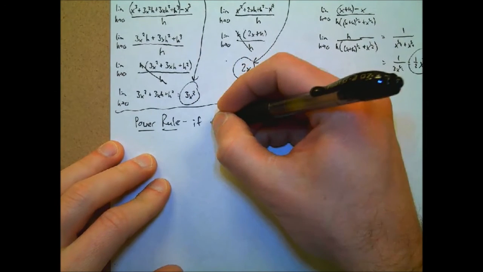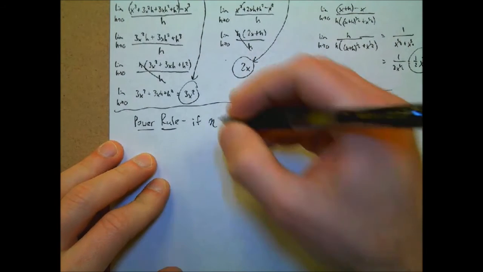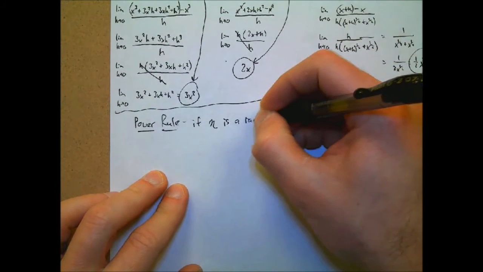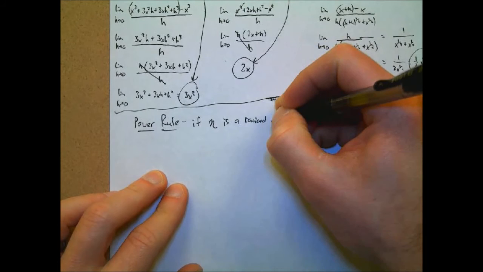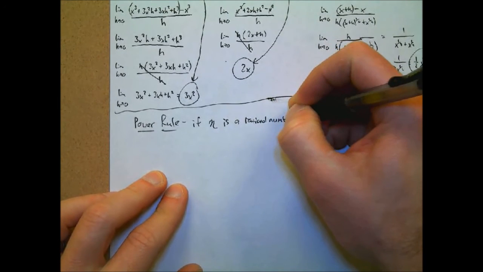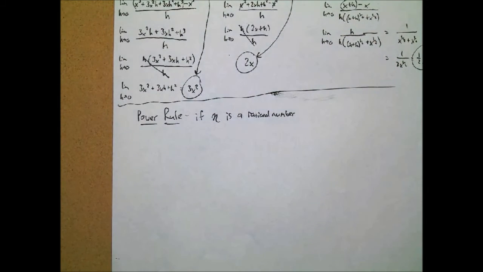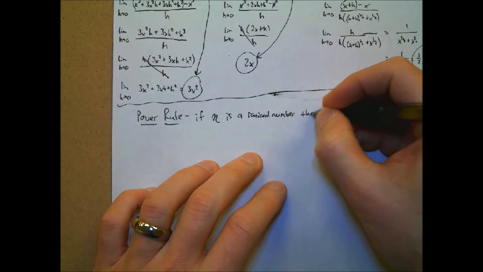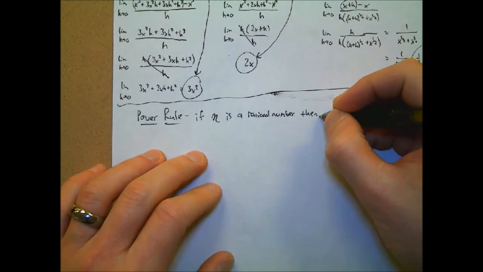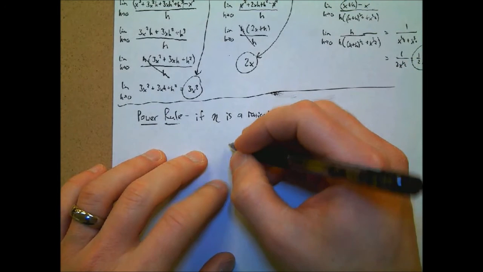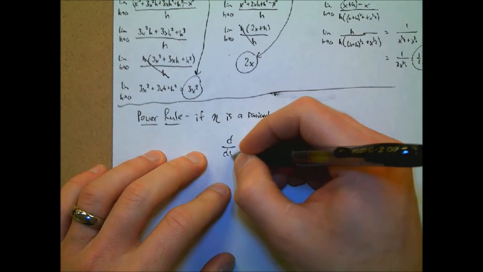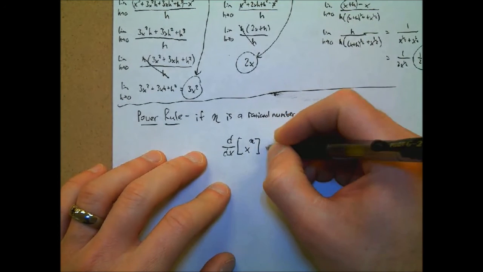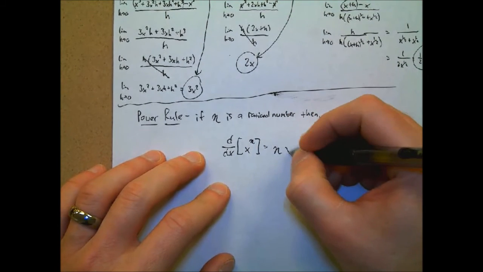If n, and that's a cursive n there, is a rational number, then the derivative with respect to x of x to the n is n times x to the n minus 1.